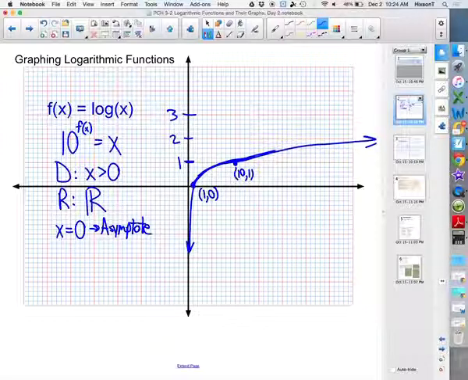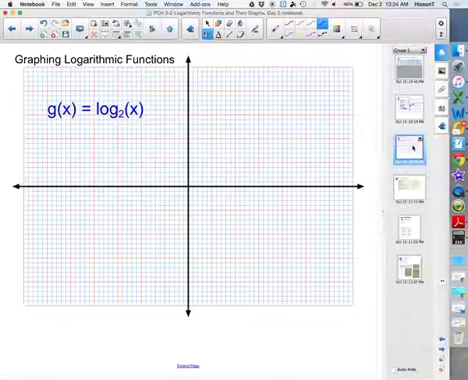Let's try another one. Let's say we have the log base 2 of x. What would our domain here be? X is greater than 0.